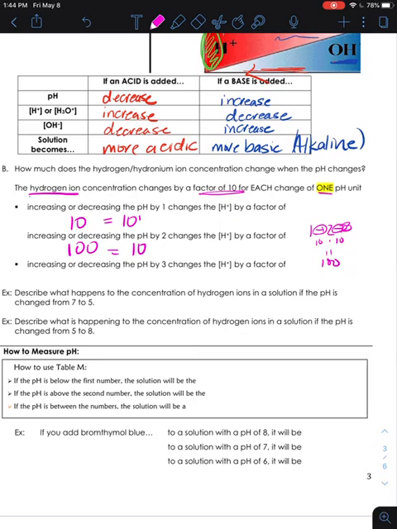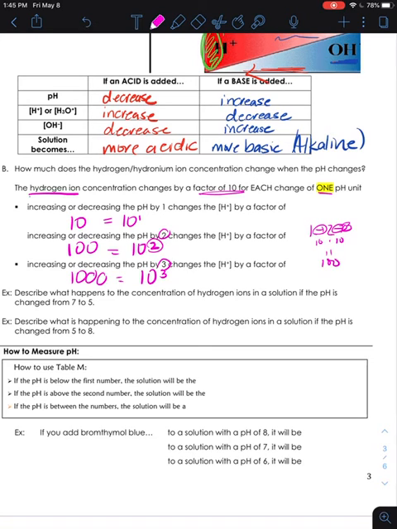So another way to write 100 would be 10 to the 2. So if I'm changing by 2, I can use that as my exponent with talking about factors of 10. If I go by 3 changes, you might also notice that the number indicates the number of zeros, 1, 2, 3, it's showing you that it's going up by factors of 10. Remember, it's always 10 times 10 times 10, not, oh, it'll be 30.